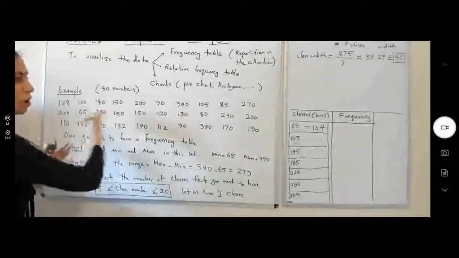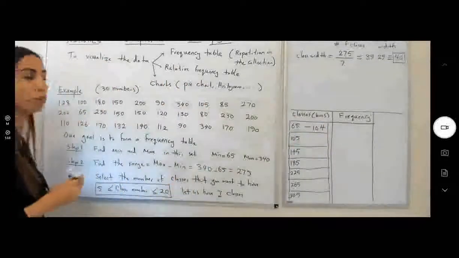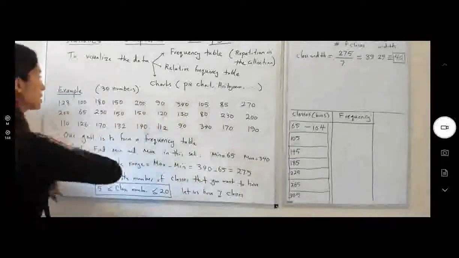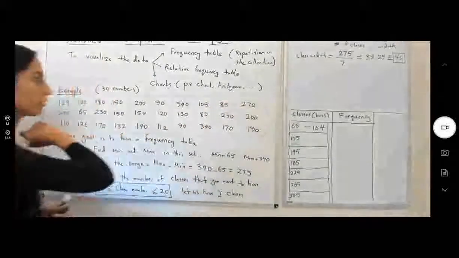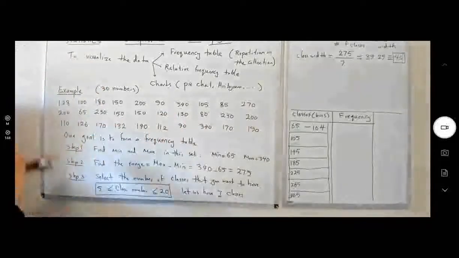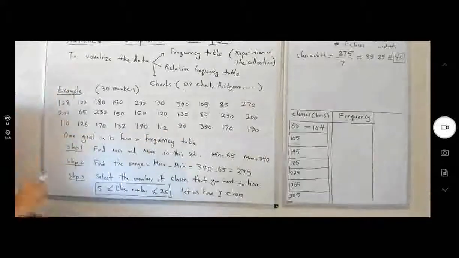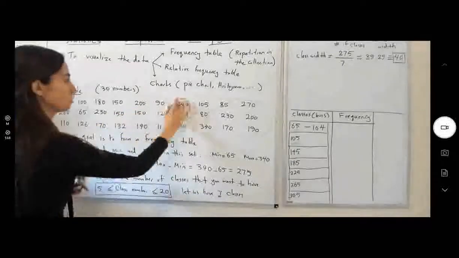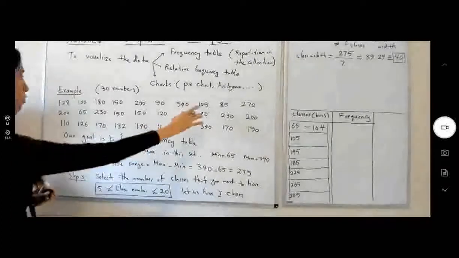So you have to find all the numbers between 65 and 104. Let's find them. I know 90 is in between 65 and 104. I have 85. What else is there? Another 80. Excellent. I have 90 here. Is that it? 1, 2, 3, 4, 5.